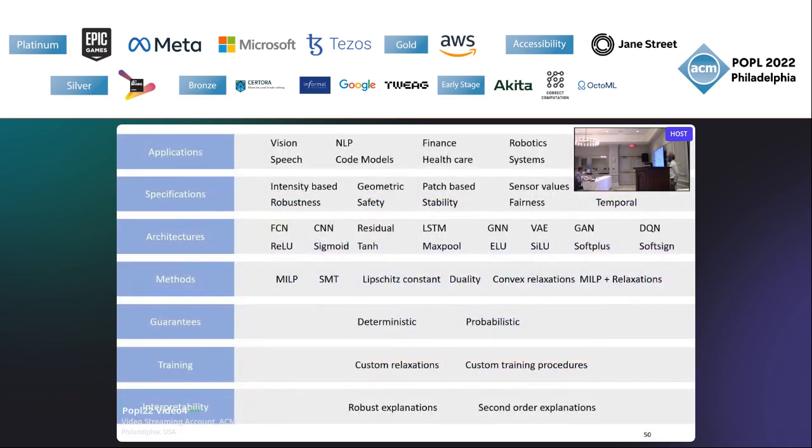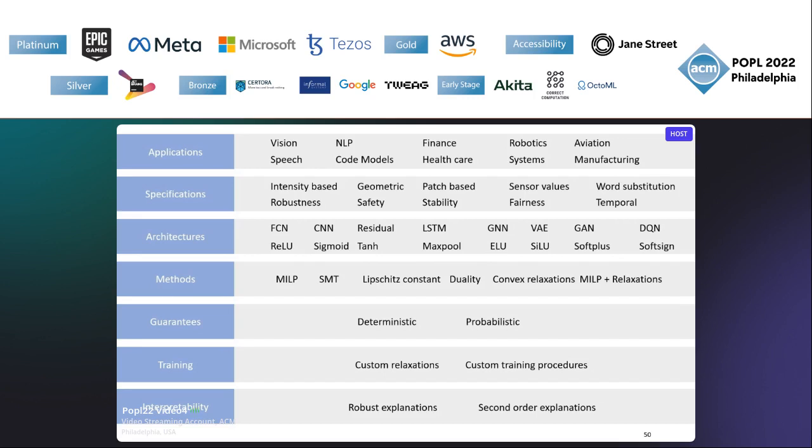Okay, so Matthew showed these kinds of dimensions. I would just add 2 more dimensions, which is training. How can you actually design custom verification methods that are specialized for training? I showed some approximations that are specialized for verification, but maybe you can design relaxations that are very good for training particular logical properties.